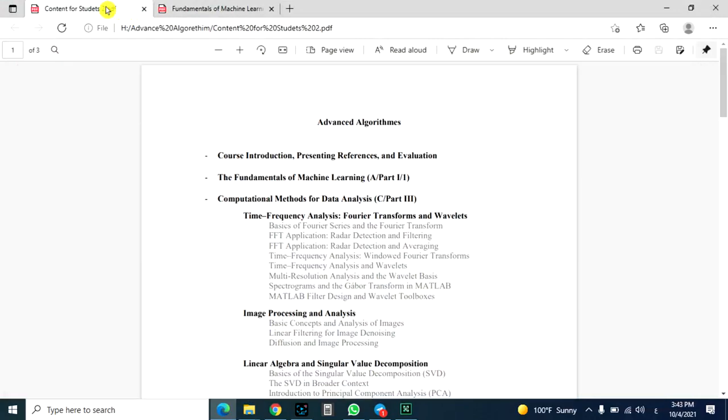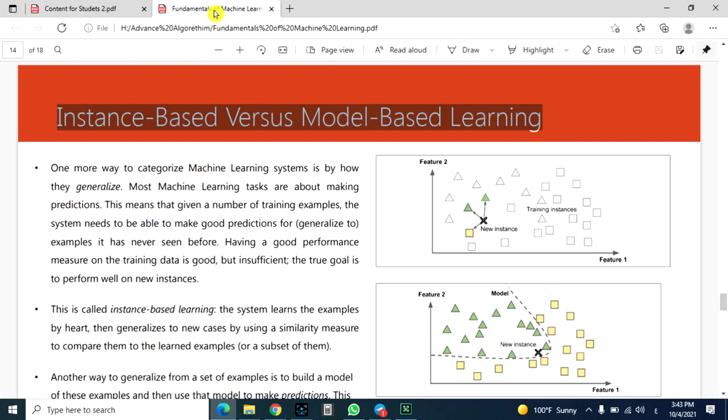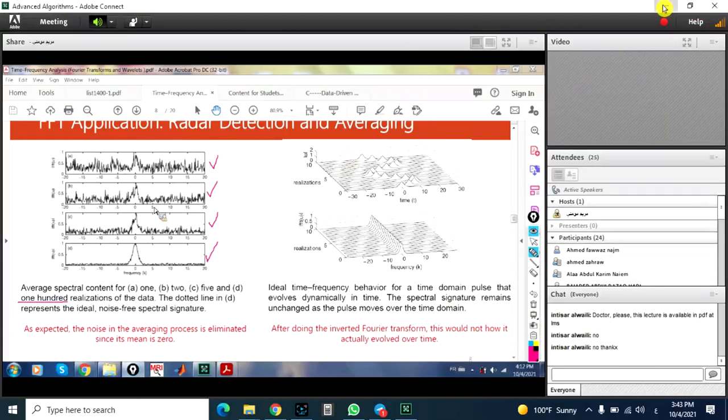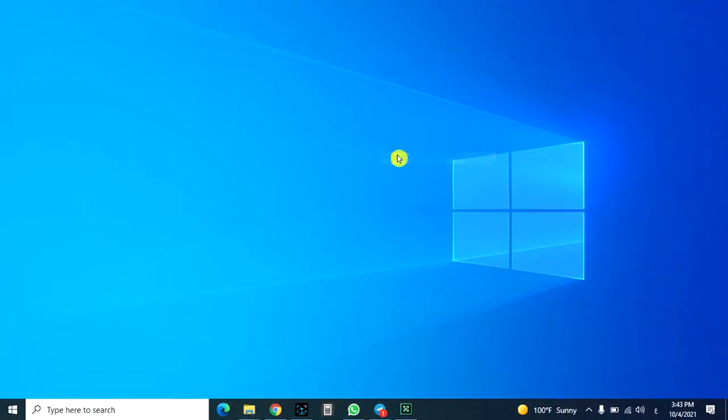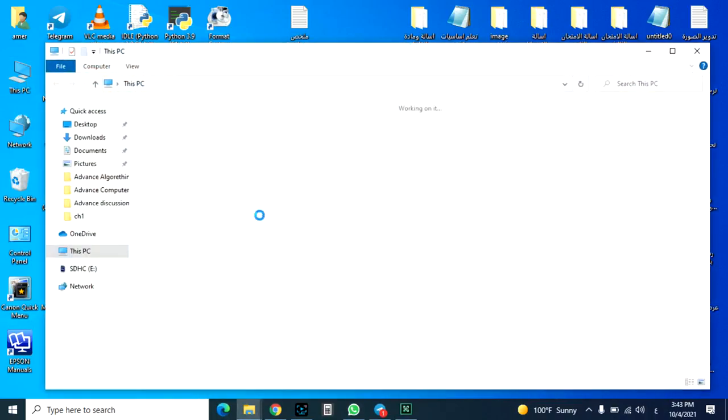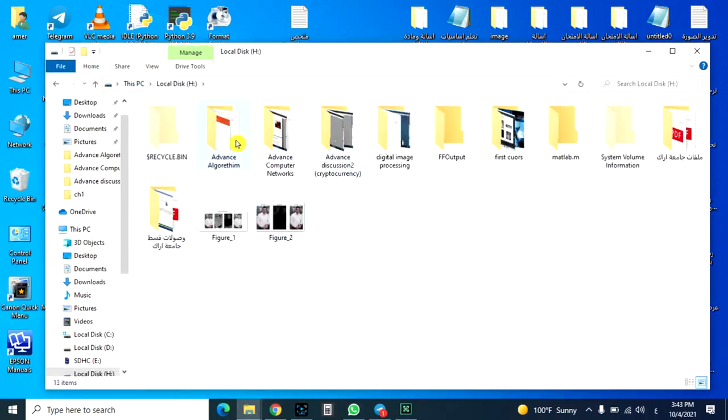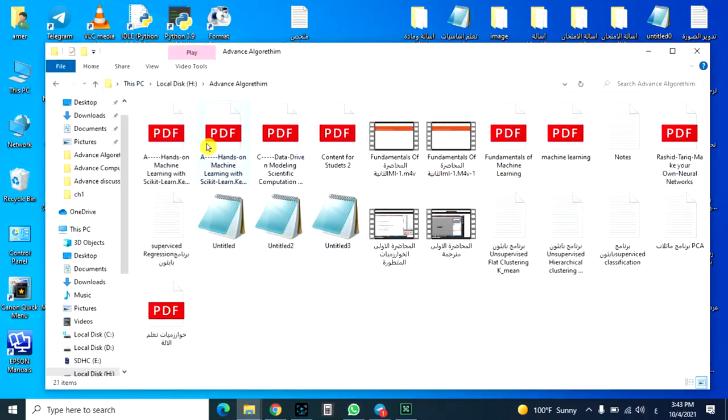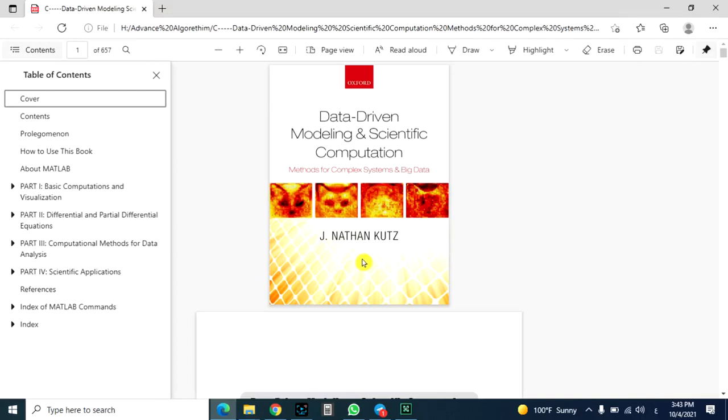Because here the noise is white, the center of the noise frequency is 0. Then by averaging in the frequency domain, we can reduce it.